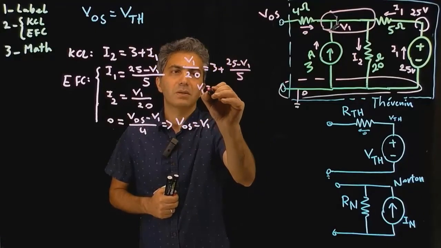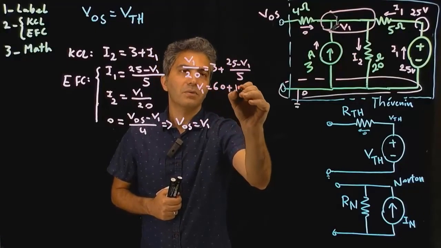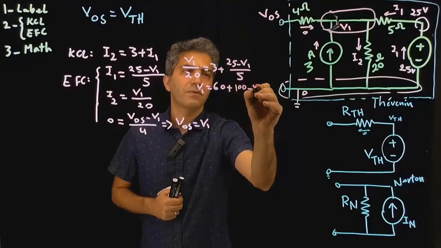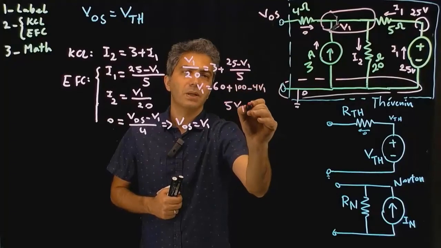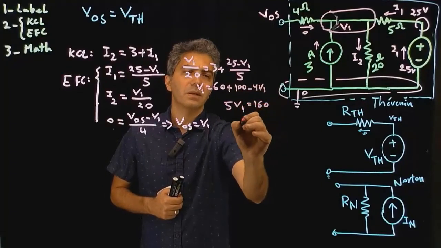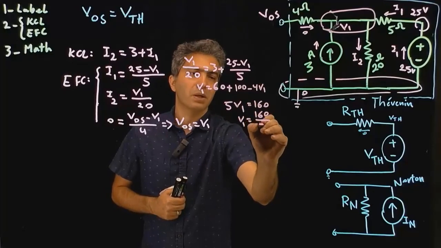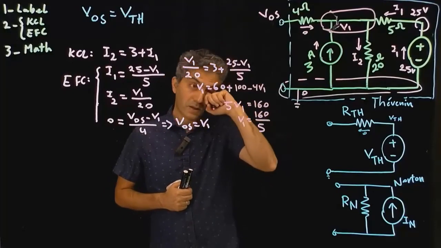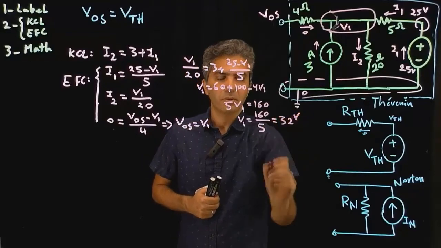So V1 is equal to 60 plus 100 minus 4V1, or in other words 5V1 is equal to 160, which gives you V1 being 160 divided by 5, and that gives you 32 volts for V1.